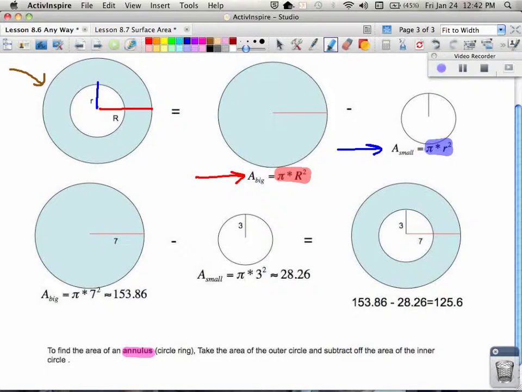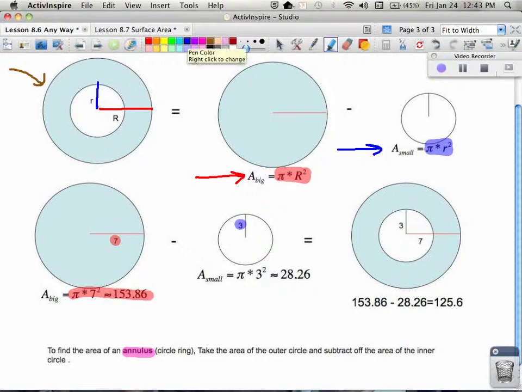So as we look at an example, if I told you that the big circle had a radius of 7 and the small circle had a radius of 3, then we look to the formulas, and the big circle would have pi times 7 squared, or in other words, 153.86.